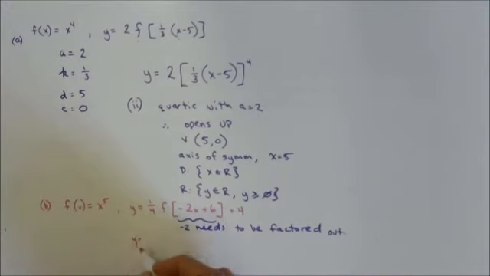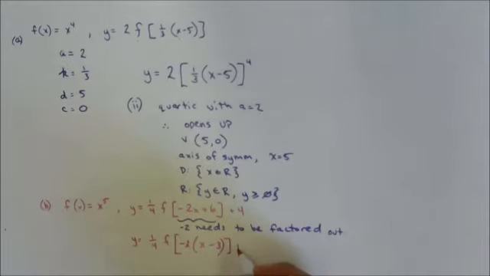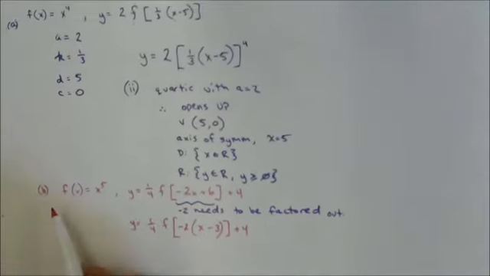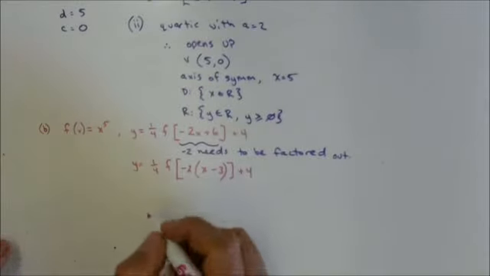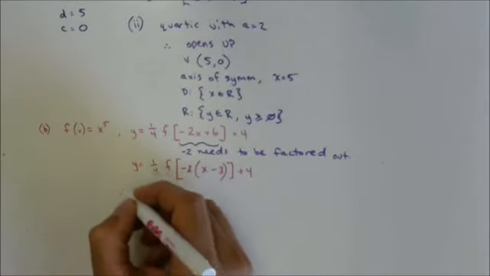We've got y equals 1/4 times the function. And if we factor out negative 2, then inside the bracket, we have x minus 3 and plus 4. Again, that's still not the equation. It's just a description of the transformations being made to the parent function, f of x equals x to the power of 5. Okay? Parameters.